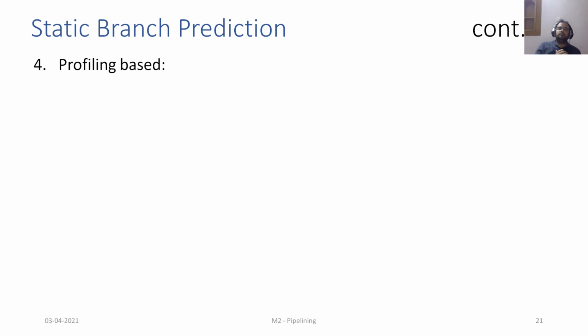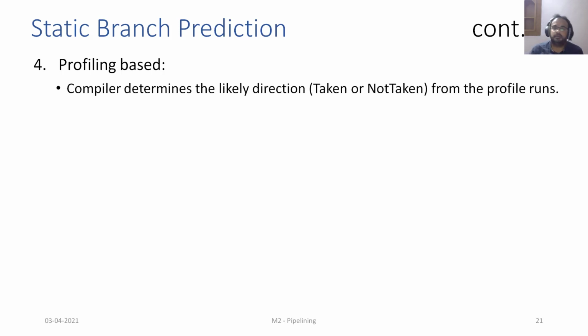Another way of static branch prediction that was explored was using profiling. What profiling basically means is, before you actually run the program, you run it once with some sample data, or you can say the test cases.